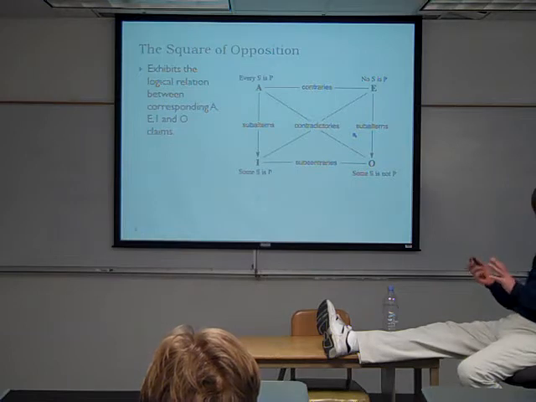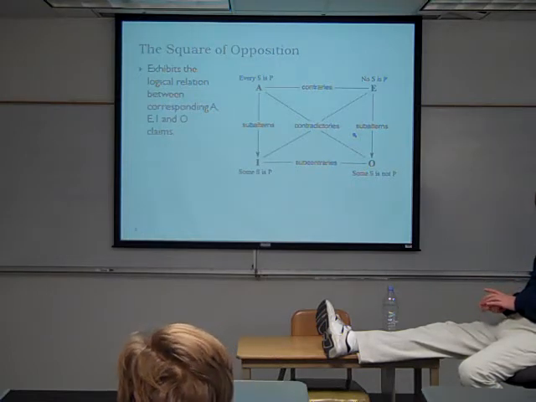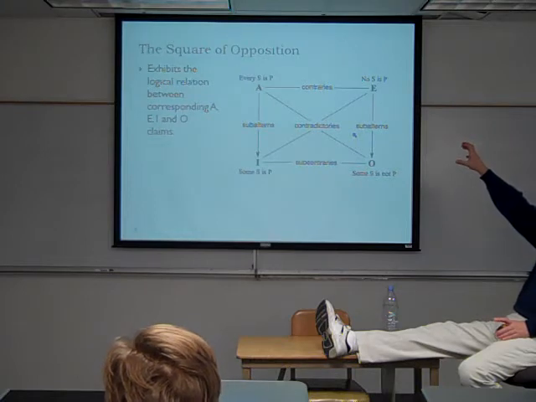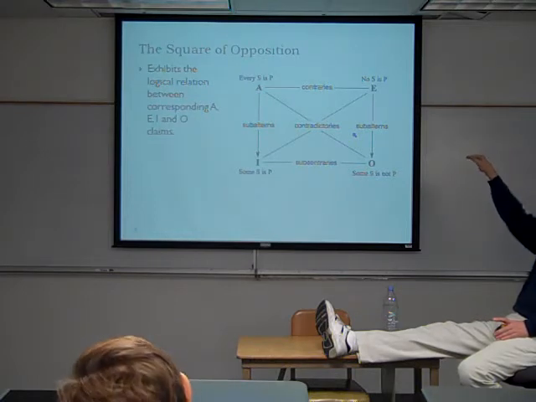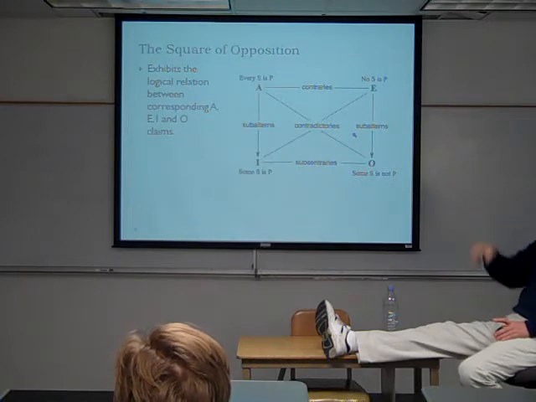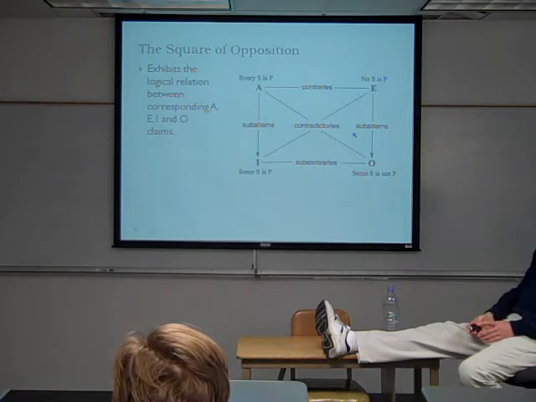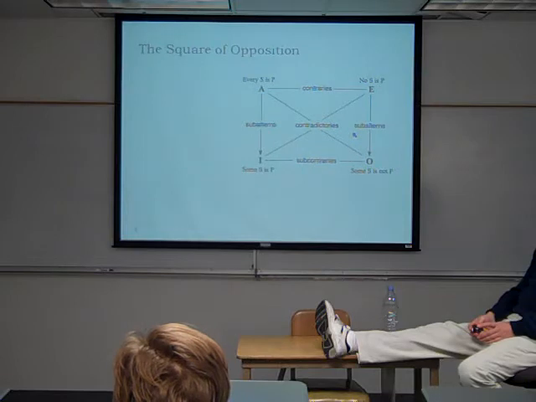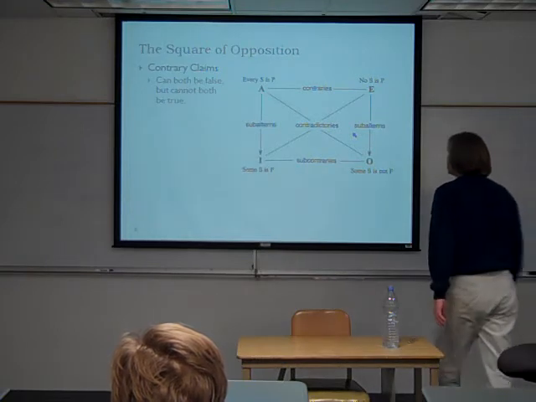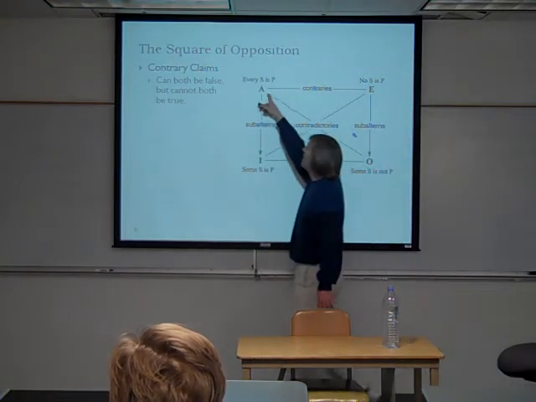And actually, once you get this square of opposition down, and you understand the truth value of one corner, you may be able to deduce the truth values of the other statements just on the basis of this square. So let's consider, first of all, contrary claims. The contrary claims are these on top.